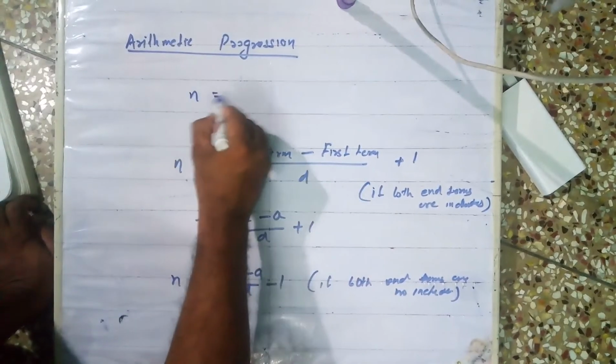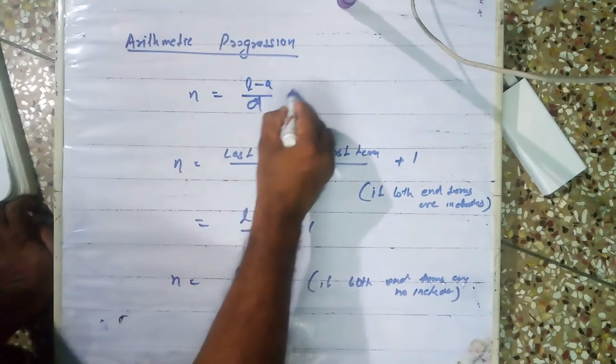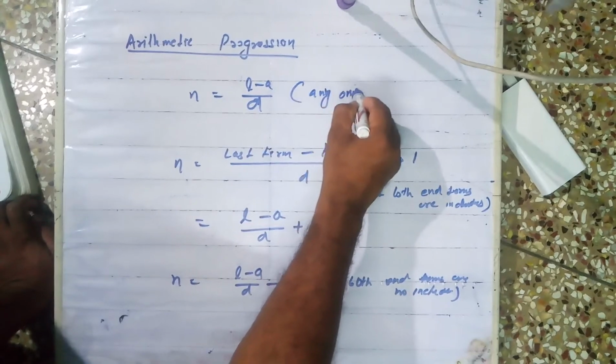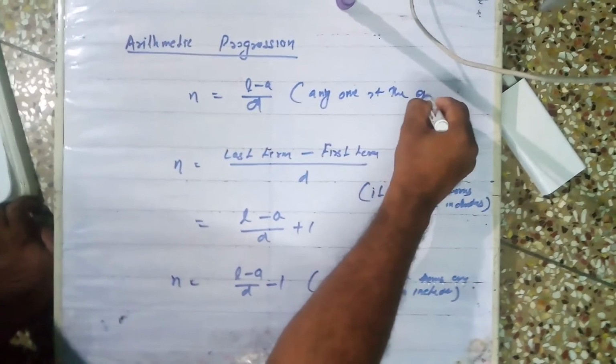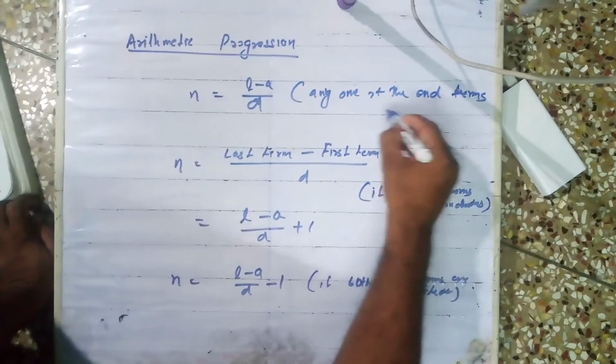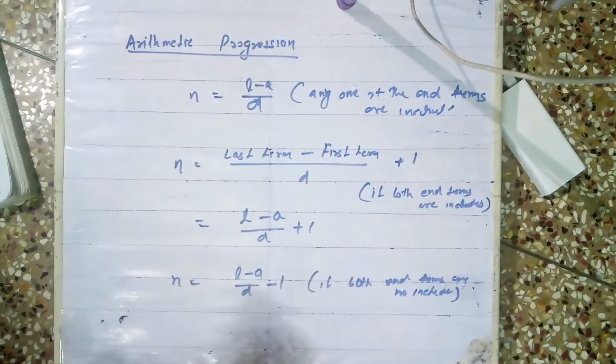N is equal to only L minus A by D, if any one of the n terms is included. Just to let us know.